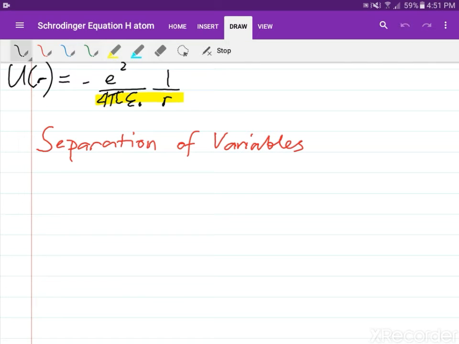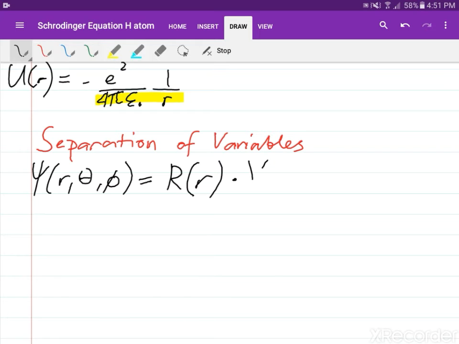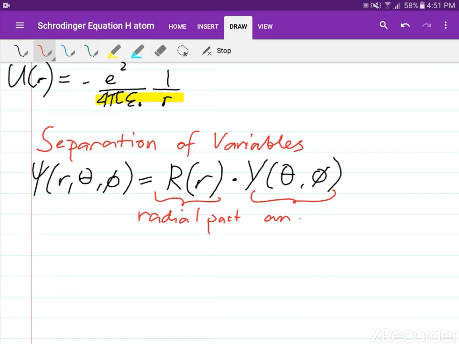So we would assume now a wave function with respect to r, theta, and phi to have a solution which has a radial part and an angular part. So this is our radial part and our angular part.